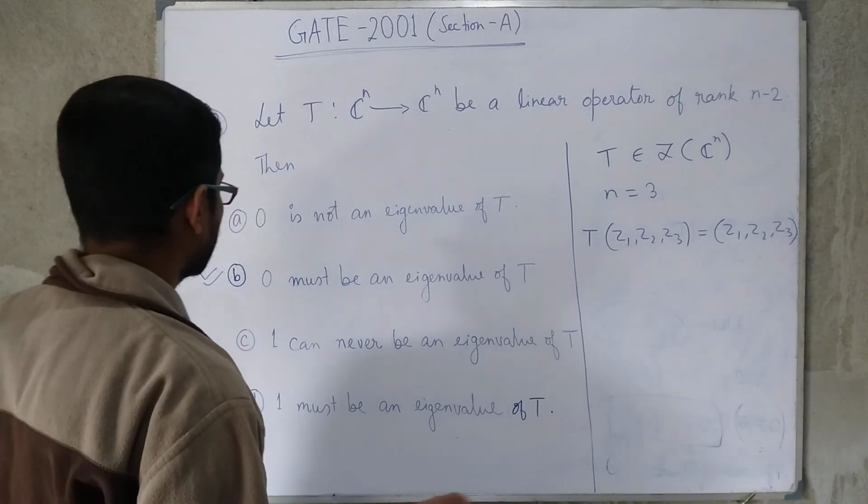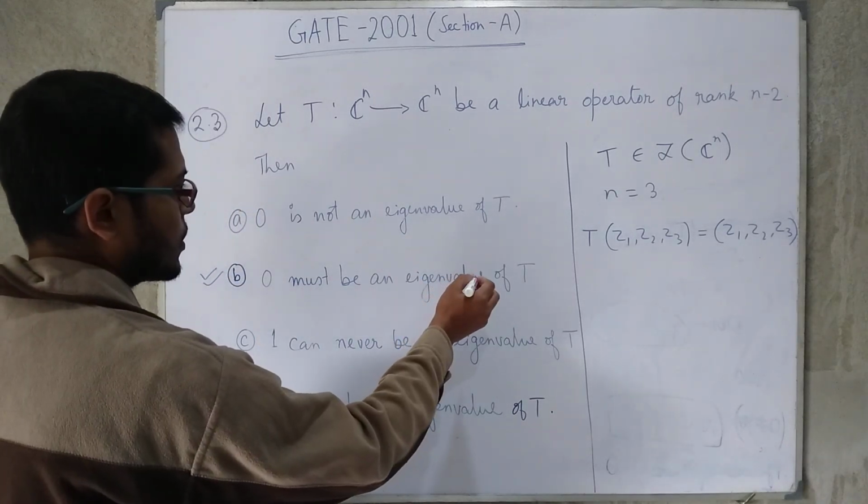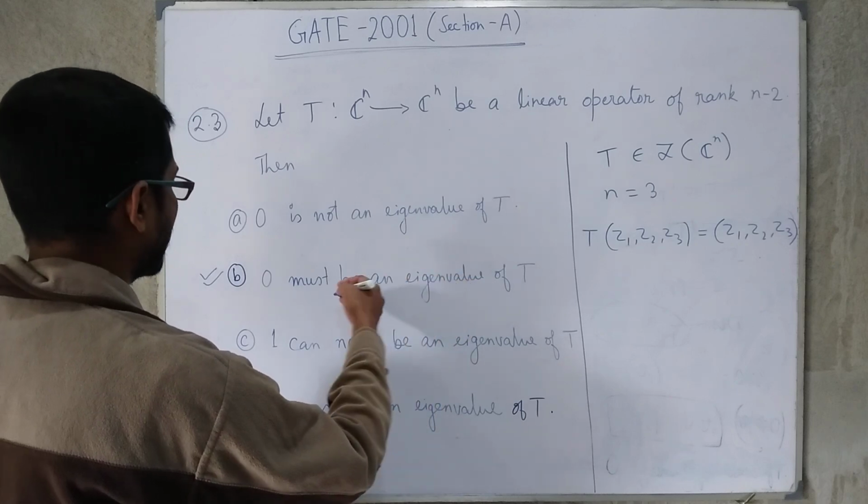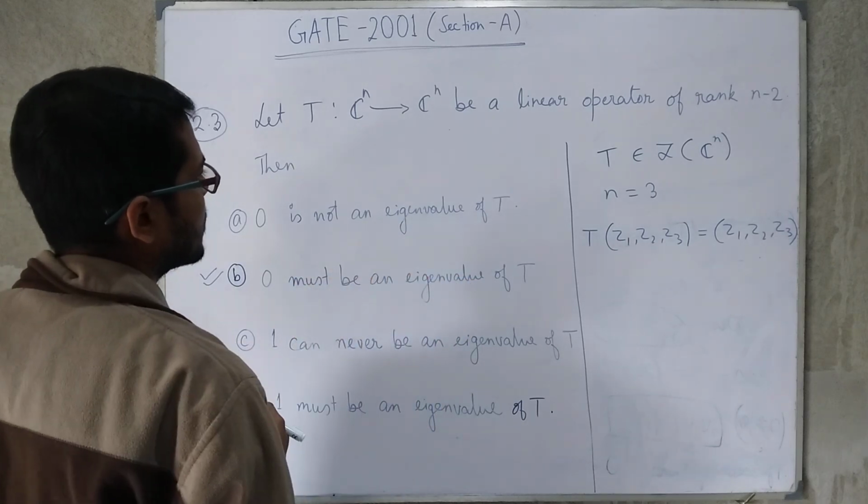First of all, you see option A, 0 is not an eigenvalue of T. This is false.